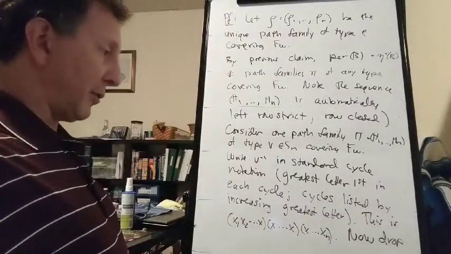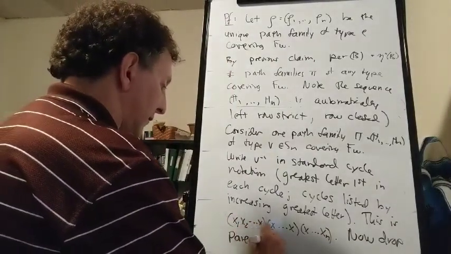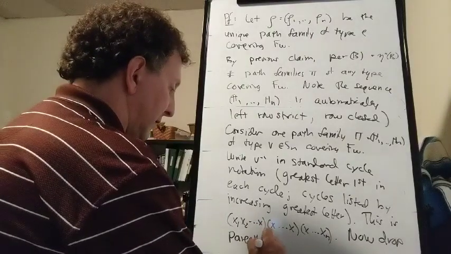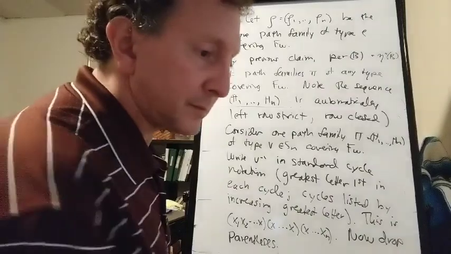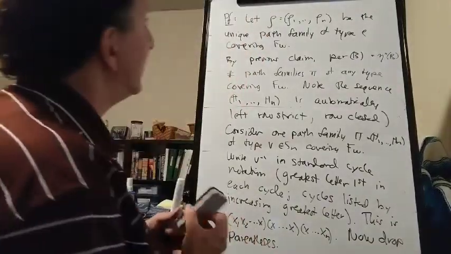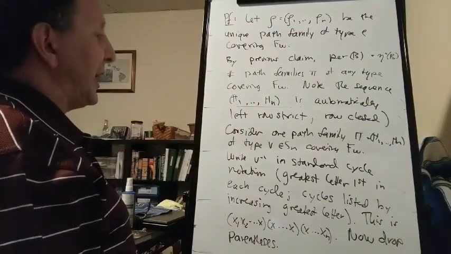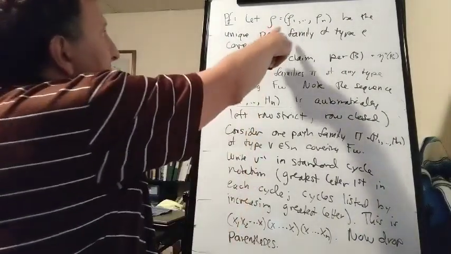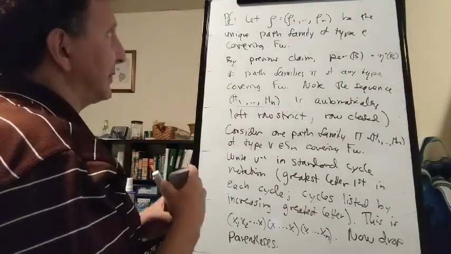And now let's drop parentheses. And we'll take this unique path family of type e and write it in the order of row x1, row x2, row x3, etc.